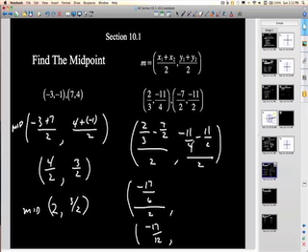Here I have negative 11 fourths minus 22 fourths is going to be negative 33 fourths divided by 2, which becomes negative 33 eighths. Okay, so this would be my midpoint. So again, if our points happen to be fractions, that doesn't mean that we have to throw up our hands and give up. You can do it if you just simply go through and do it step by step.